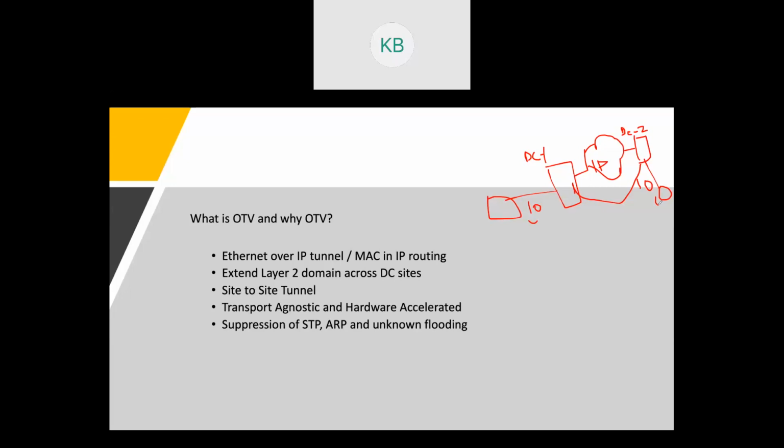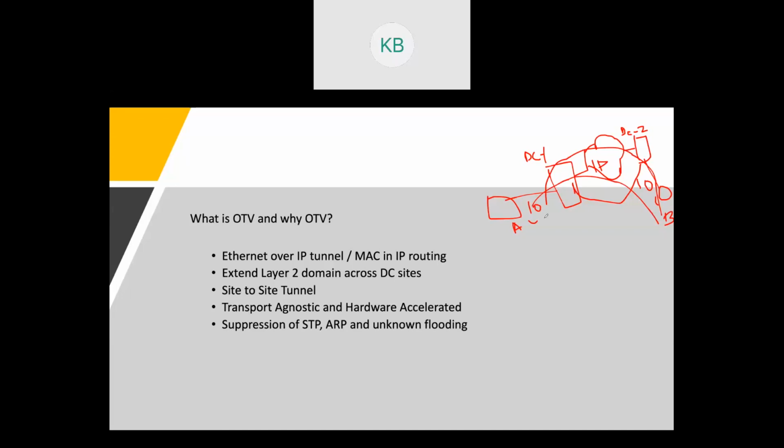OTV by default suppresses ARP packets because it also maintains a local cache of the ARP based on the OTV routes. For example, if client A is trying to send an ARP packet for client B, this ARP packet will reach client B. When the response comes back, client A is going to learn the ARP entry for client B, right?